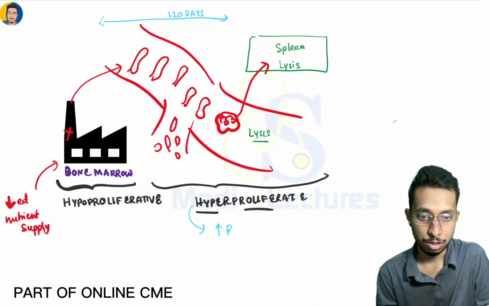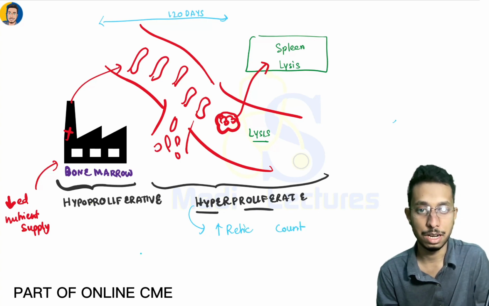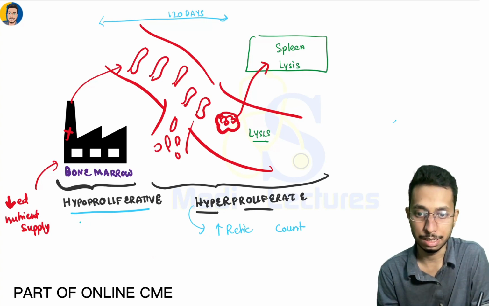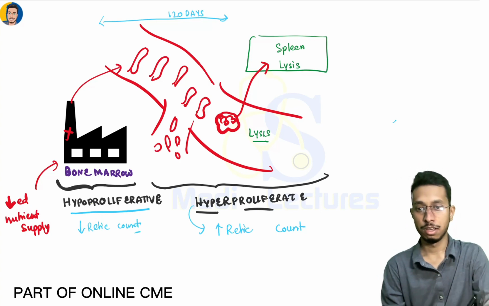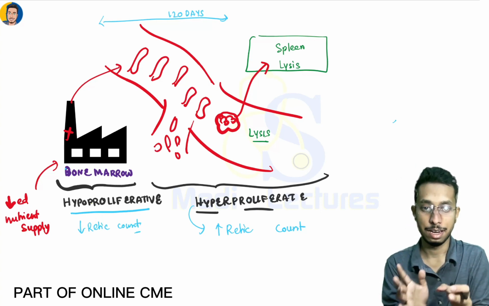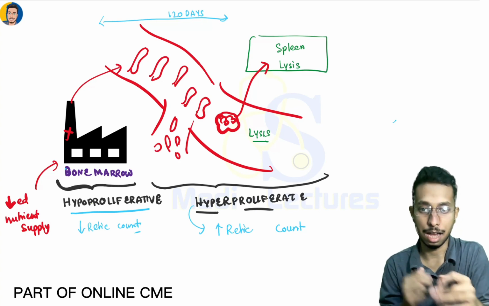So retic count will be increased in case of hyperproliferative anemia, whereas in hypoproliferative anemia the immature forms will decrease, that is, the retic count will decrease. So this is one way of differentiating between hemolytic anemia and other causes.